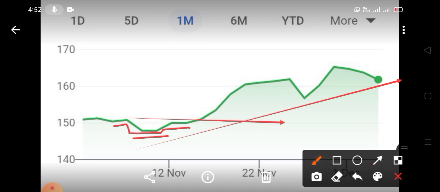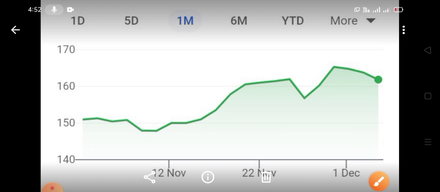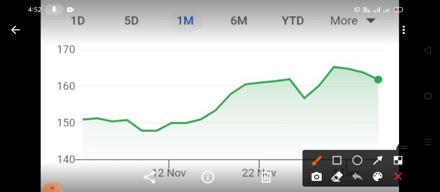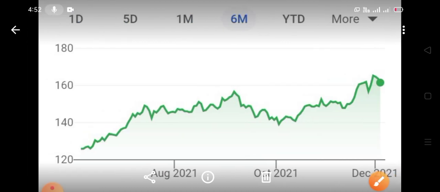From there a sharp $10 rise, then some retracement below 160 and then again high, and it also broke the previous 160 high, and you see higher high and higher low formation is also going on, and above 160 you see an inverted head and shoulder breakout, and there is also a bullish flag forming. Now analyze the chart of 6 months.